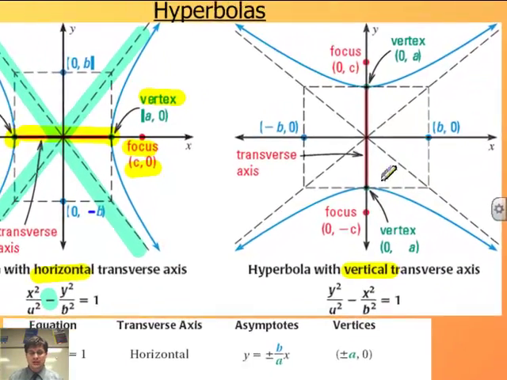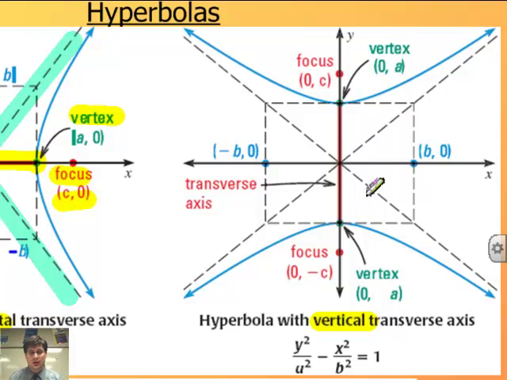So on the right side, we have the other hyperbola. This is a vertical one, where the hyperbola is opening up and down versus opening left and right. Since this opens up and down, the transverse axis we can also see runs vertically between the vertices.